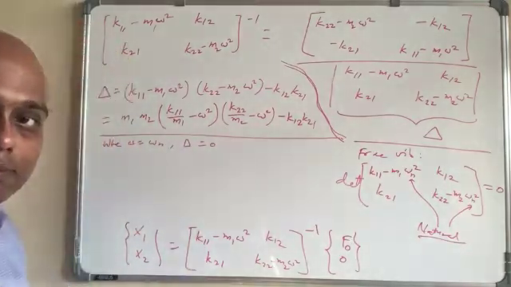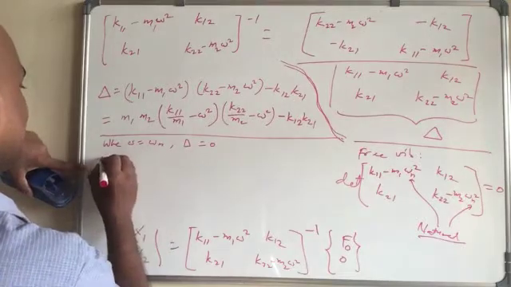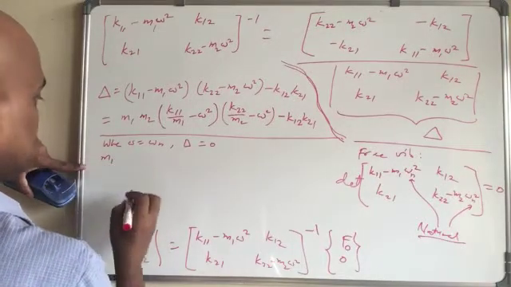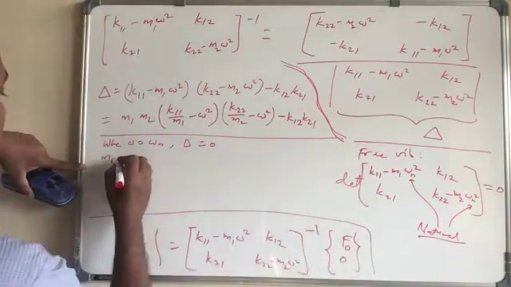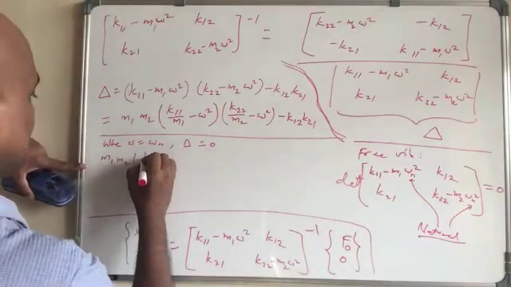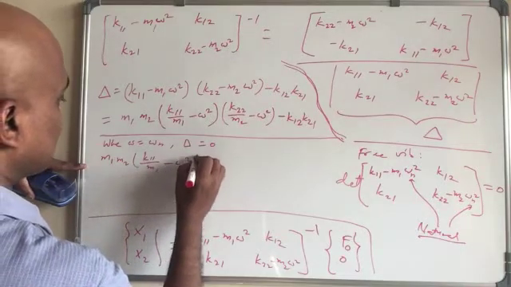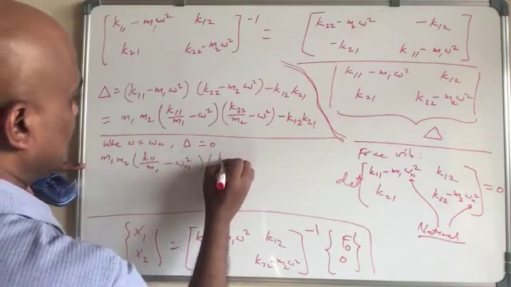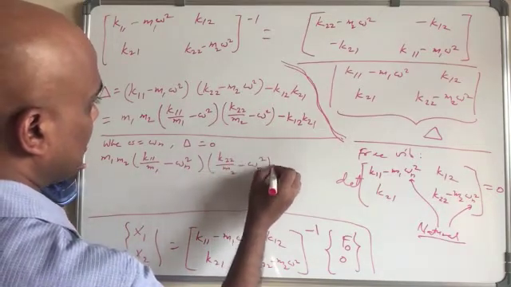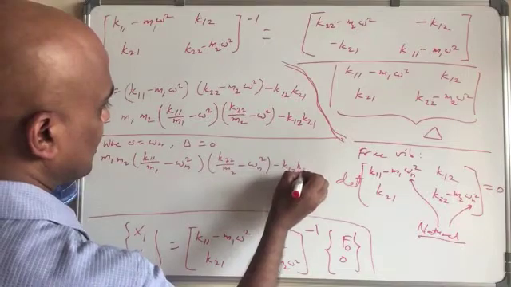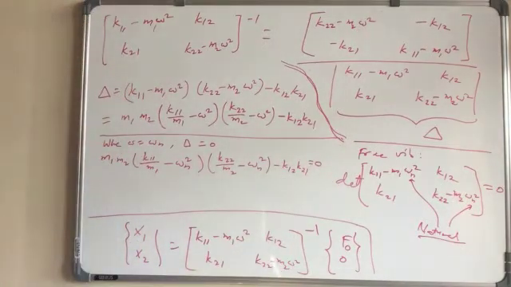That we know. So let's put that in. What we get is m1 m2, k11 over m1 minus omega n square, k22 over m2 minus omega n square, minus k12 k21 equal to 0.